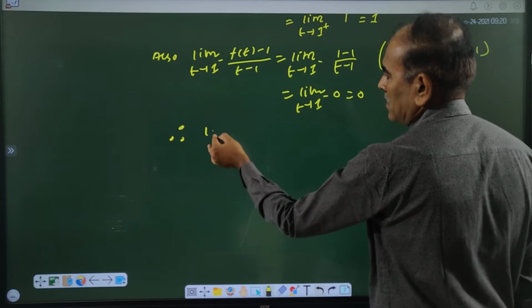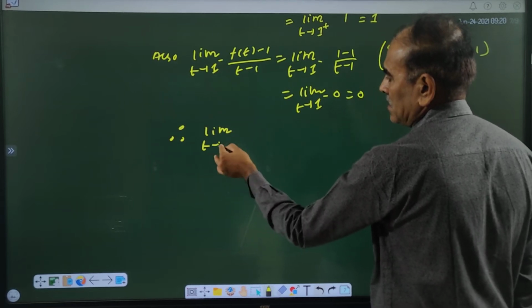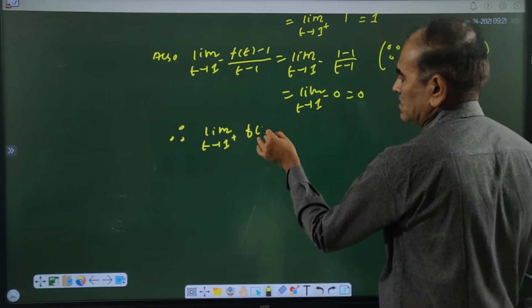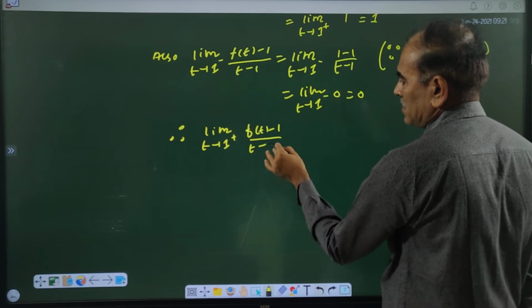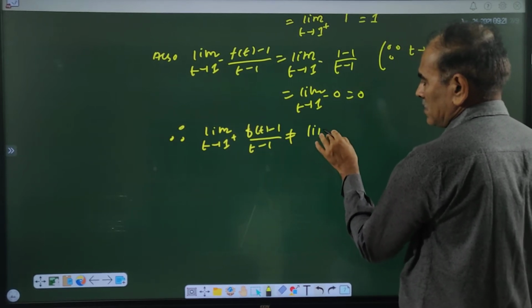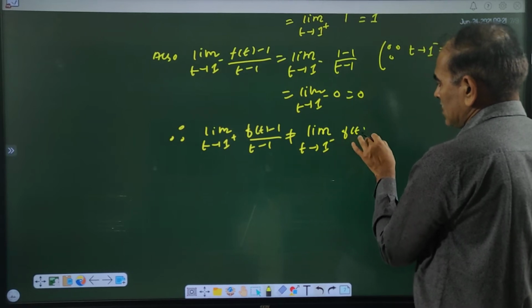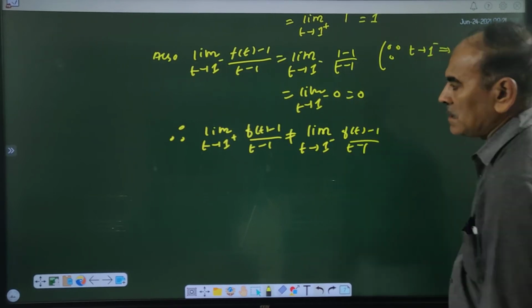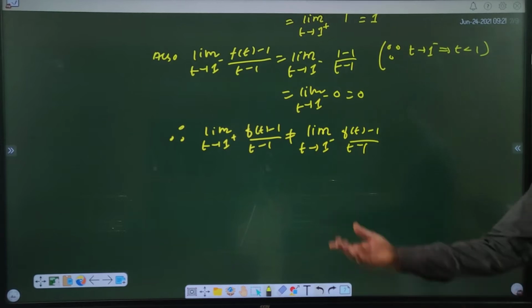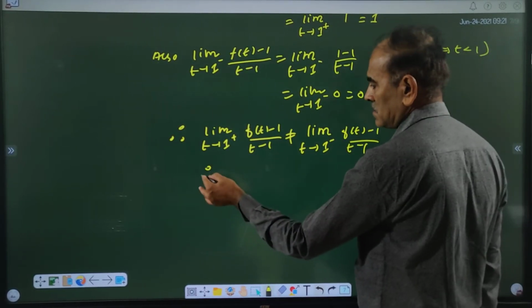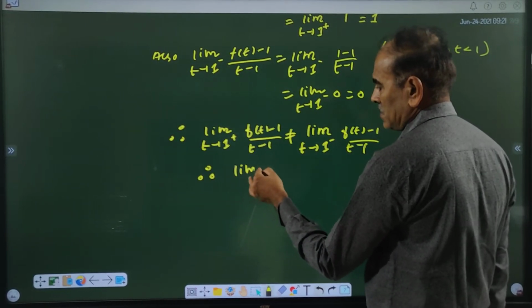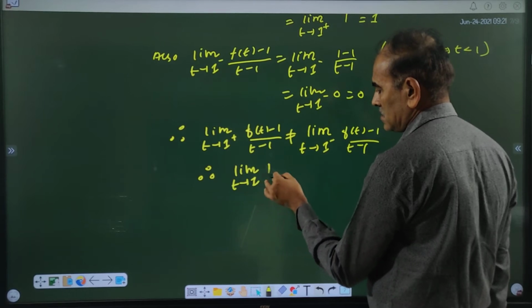Therefore, limit t tends to 1 plus of f of t minus 1 upon t minus 1 is not equal to limit t tends to 1 minus of f of t minus 1 upon t minus 1. So the limit does not exist.